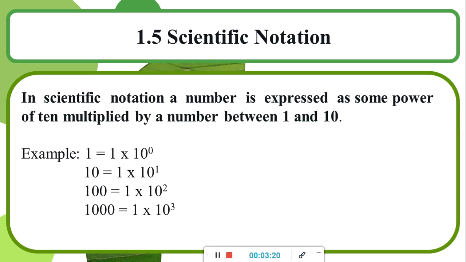So I take the value as 5 lakh. If I want to multiply it with 10 with some power, then 5 lakh multiplied by 10 raised to power 0, as I have discussed before, that 10 raised to power 0 is equal to 1, then it will be equal to 5 lakh.